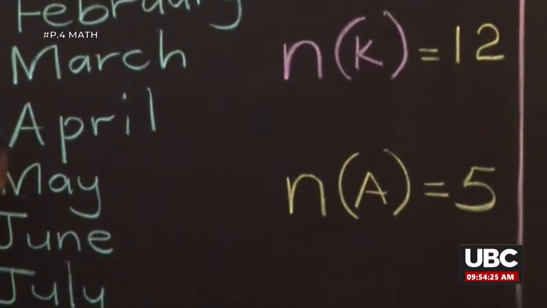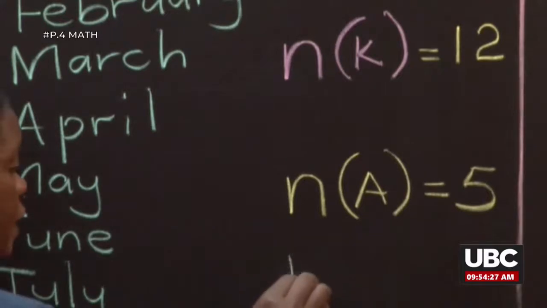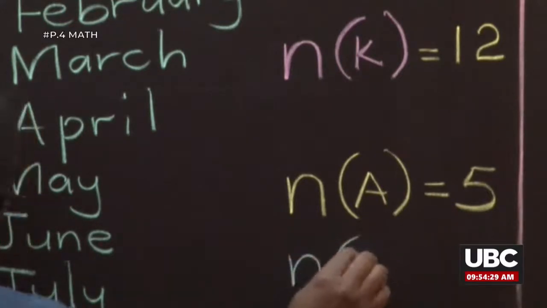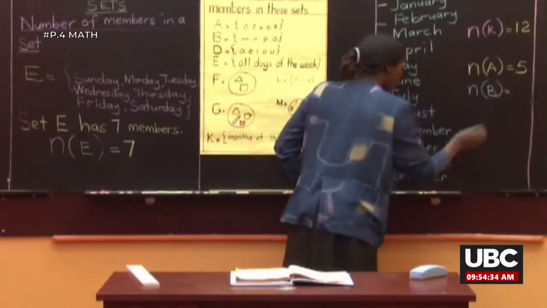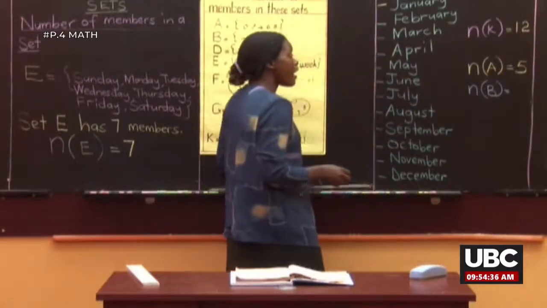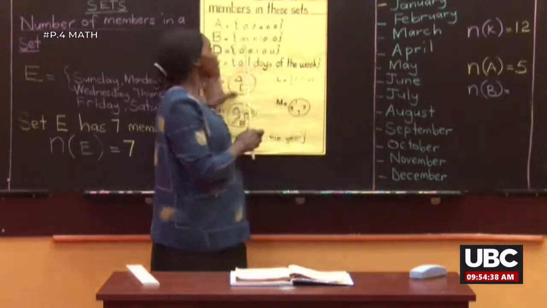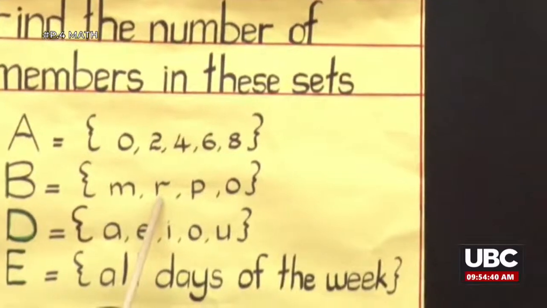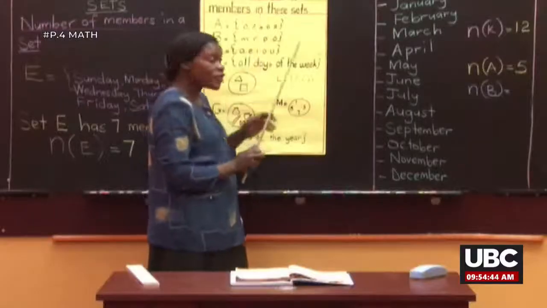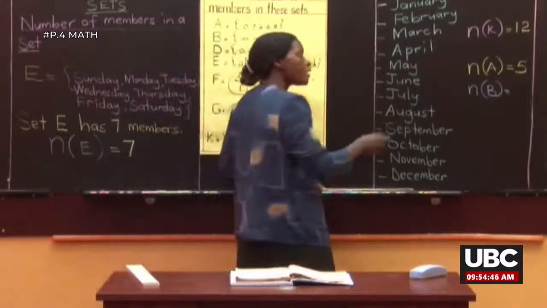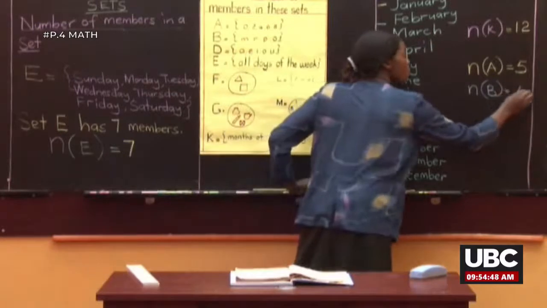What about in the second set? The second set is set B. When we count, we have 1, 2, 3, and 4. Just right there, your number 4.